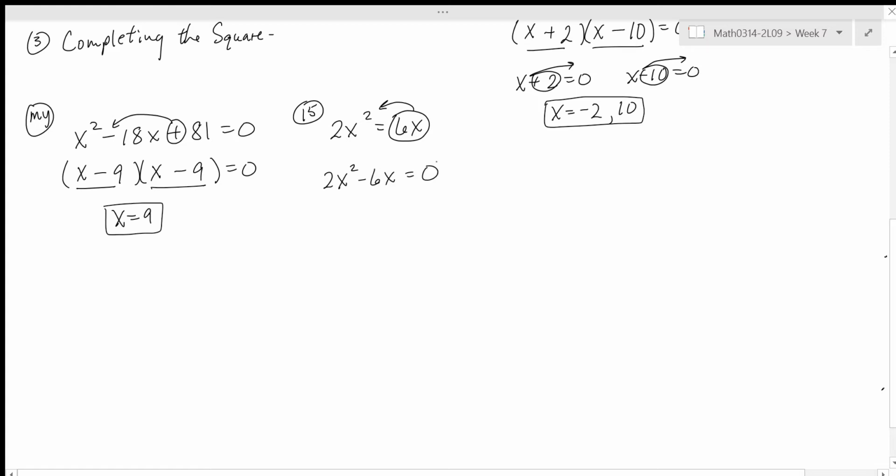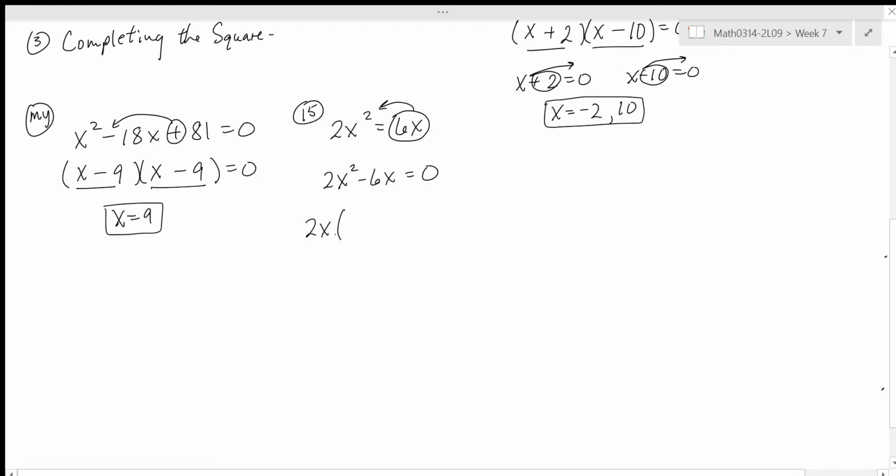And then instead of a trinomial, we have a binomial. And so in our mind, we're thinking, okay, I'd like to try to factor, but there's only two terms. So my option is maybe there's something that I can factor out. Do these two terms have something in common? A 2 and an x, right?